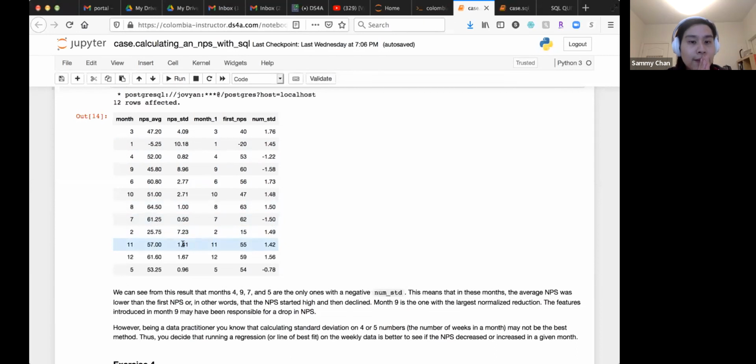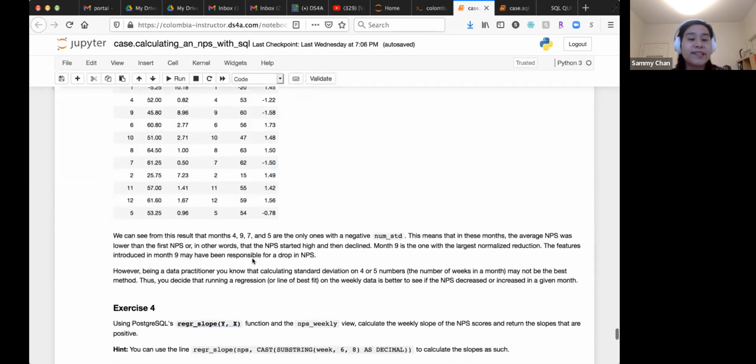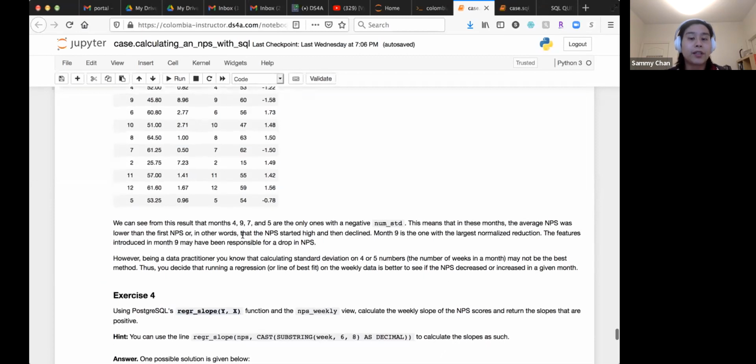If the standard deviation is small but the num-STD is big, then it probably means there's a big change in that particular month.